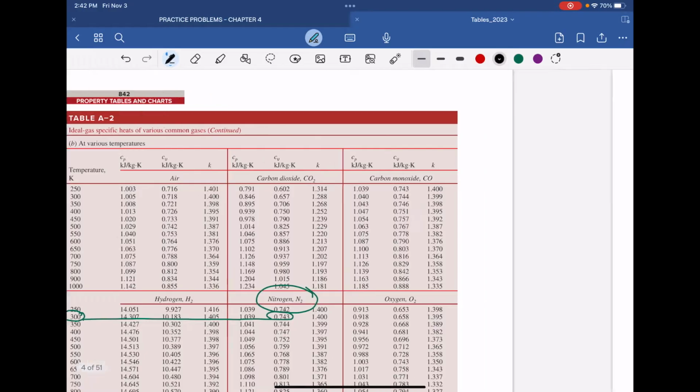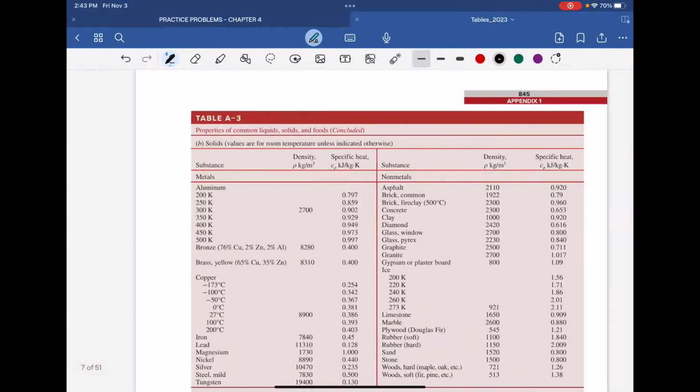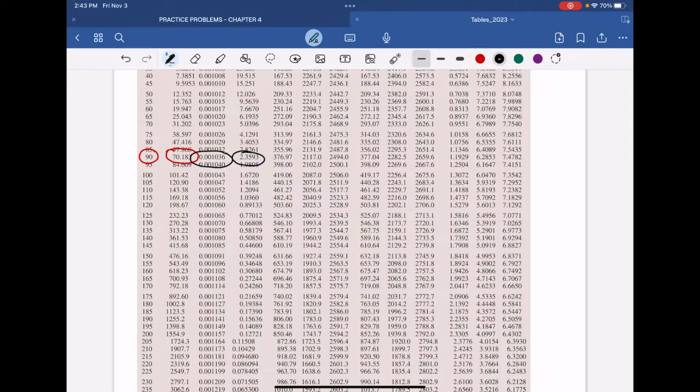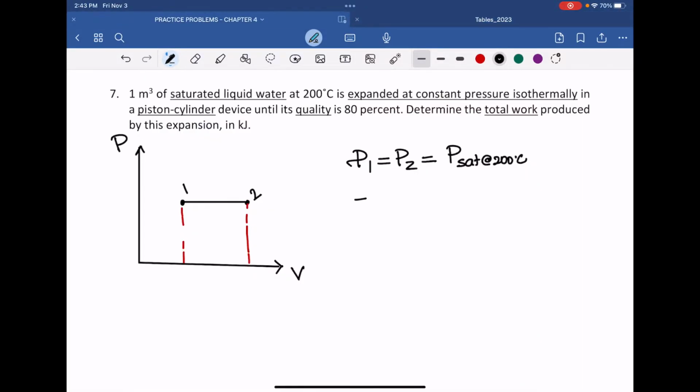It is for water, so I'm just going to look at the tables for 200 degrees Celsius. So the pressure is 1554.9. Very good.